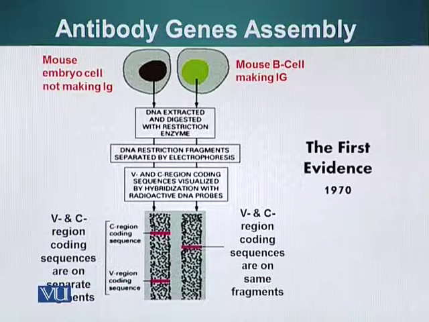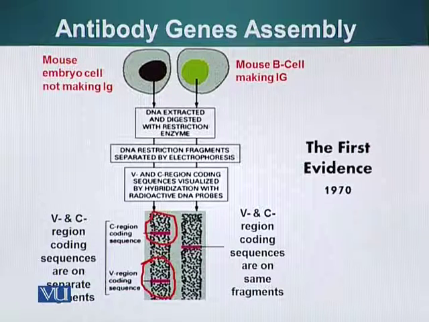Now, if you pay attention to the slide, in the cell that was not making immunoglobulin molecules, the C and V regions are on separate DNA fragments. Here you can see, for example, the C region, and here's the V region. We have already talked about this, that our immunoglobulins, our antibodies, have two domains, the variable domain and the constant domain. So the C region is basically the constant domain and the V region is basically the variable domain.